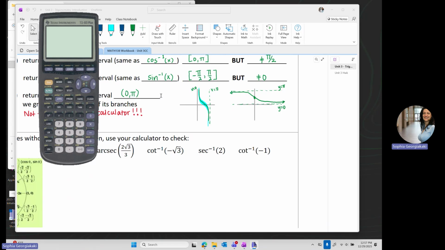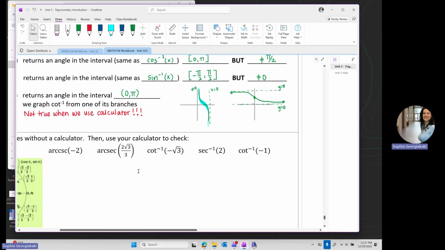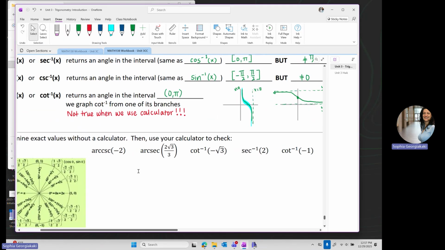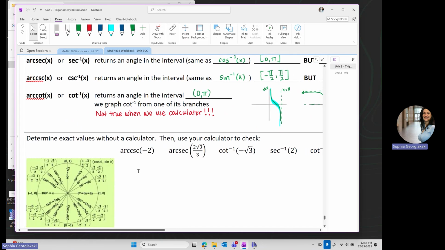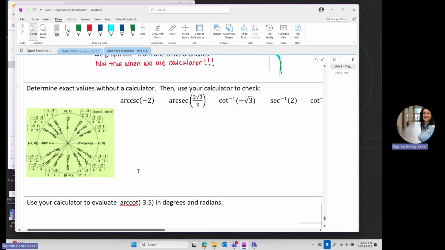So be careful there that in reality, when we're using our calculator, we are not really using the branches of the actual inverse functions. That's especially true for the cotangent. So let's see how we can do that.